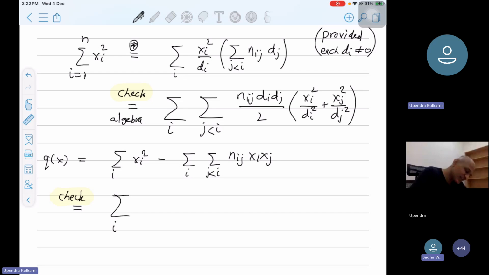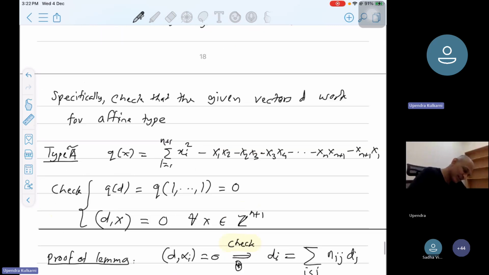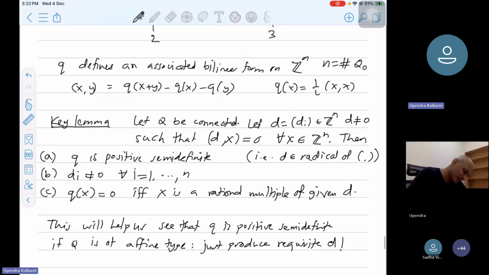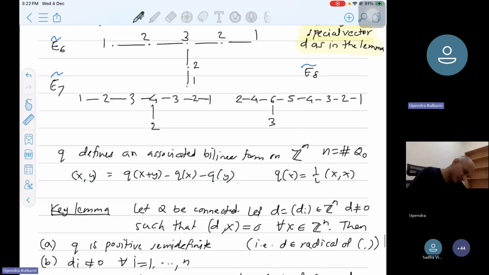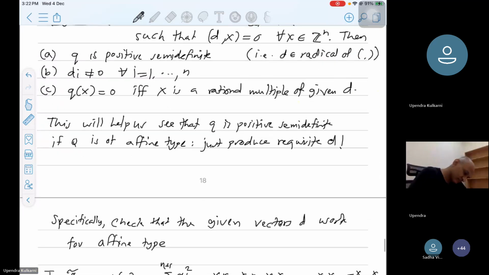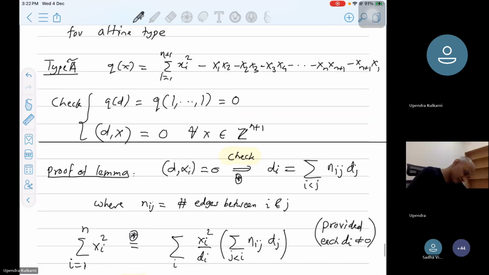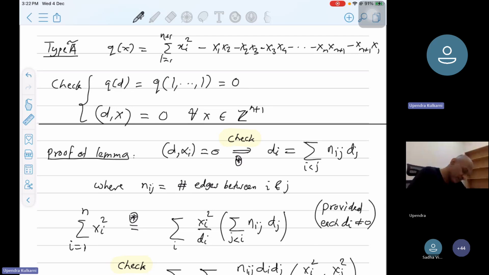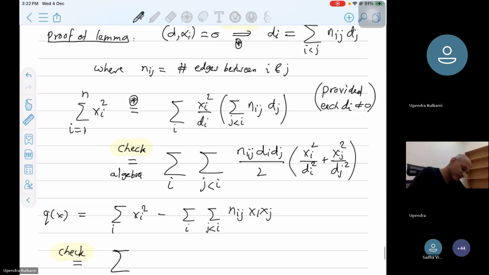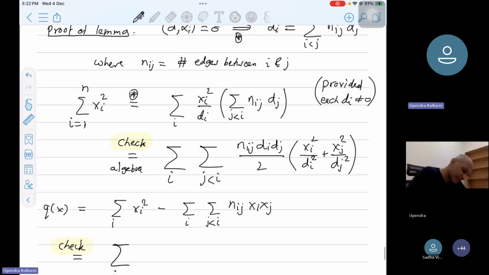So this nij, let me remind you what nij was. nij is the number of edges between i and j. So you see the term xi xj will come nij times. No, I'm allowing multiple edges between. Okay. Right.